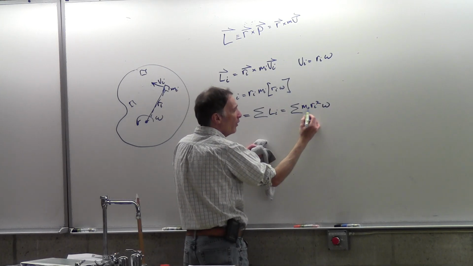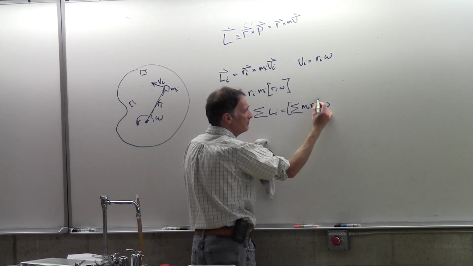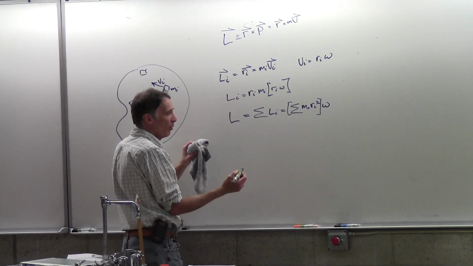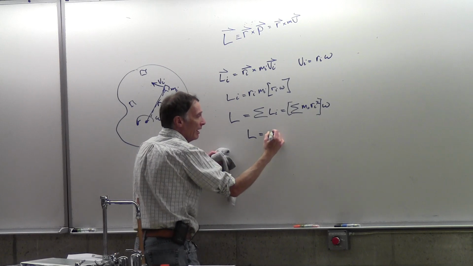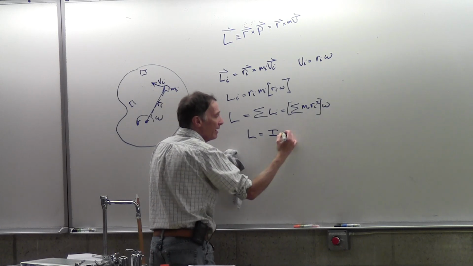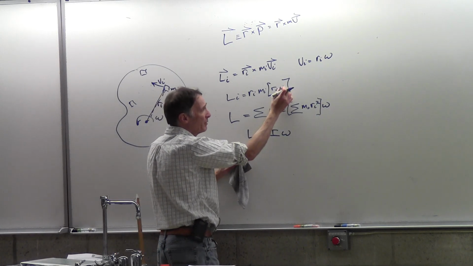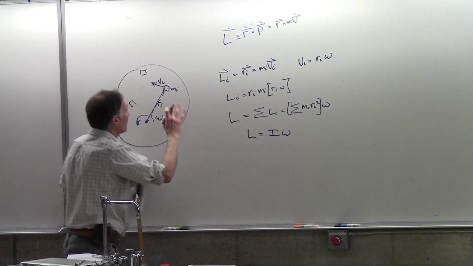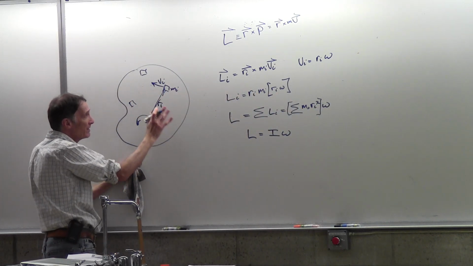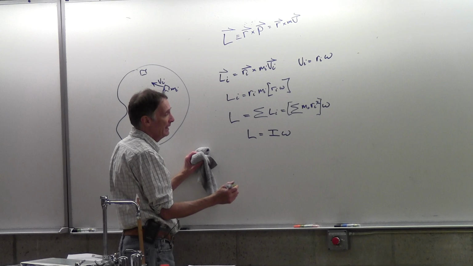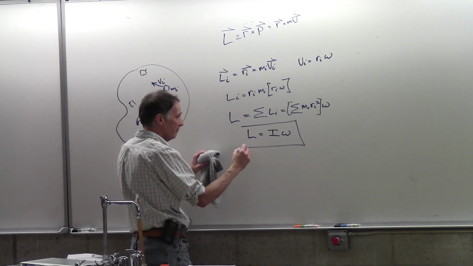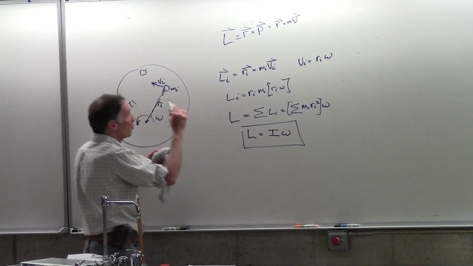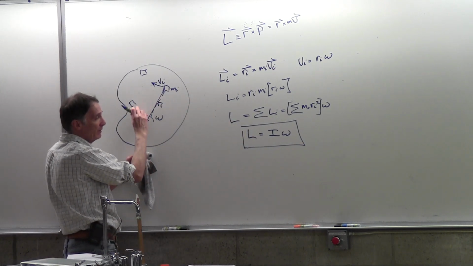And again, we have this piece here. We've seen that before. That is what? Moment of inertia. That's the I times omega. I was able to factor out omega because, again, for a rotating object, they all have the same omega, even though they have different v's. So this is the rotational angular momentum for a rigid body rotating around this axis.